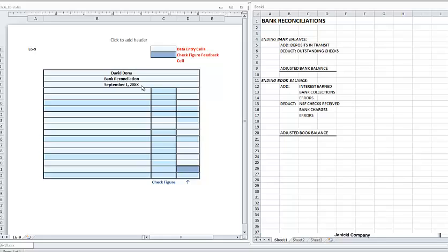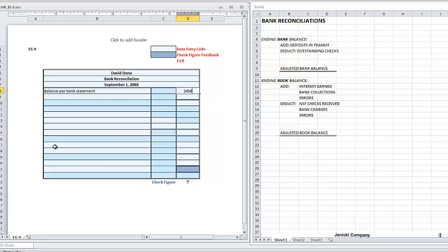First thing you always want to do is enter your ending balances. So if we look at our text, it tells us that David has a bank balance of $24.50. So we'll enter that on our reconciliation.